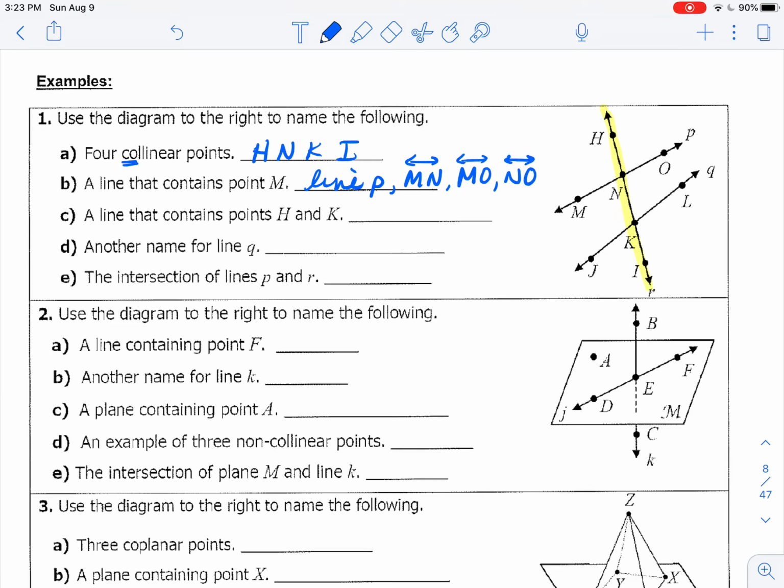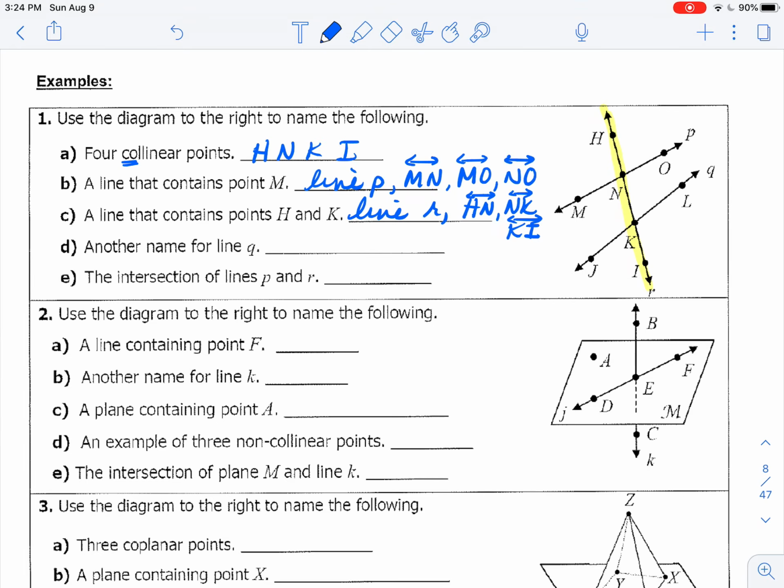A line that contains points H and K. We can name it line R, HN, NK, KI. Lots of options for that one.